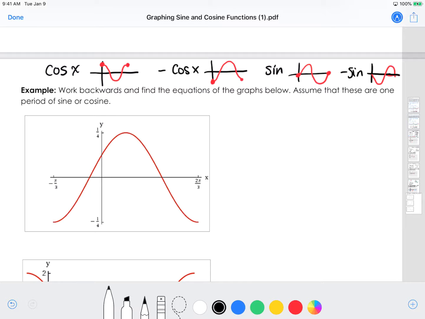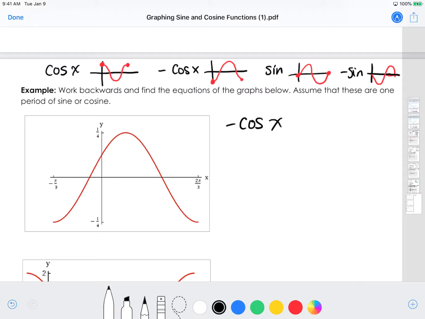Okay, so you need to know those basic shapes so that we'll be able to identify what equation we're going to use. So if we look at this first example, this looks like an upside down bowl or a hill. So this is going to be a minus cosine function. It's going to be the cosine function, but it's going to be flipped upside down.